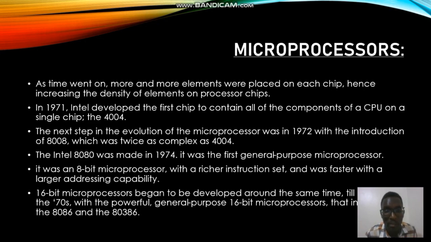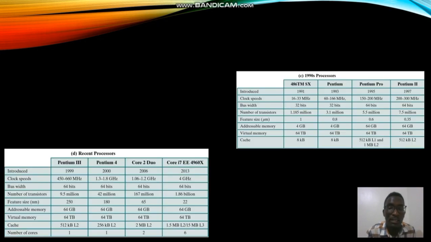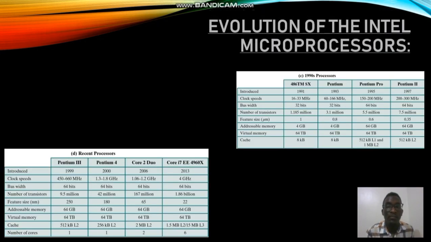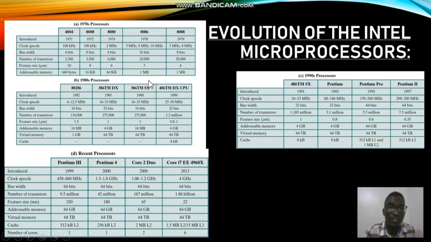Until the 70s, there were powerful general purpose microprocessors that included the 8086 and the 80386. As you can see from here, there were various processors from the 4004 in the 1970s: 4004, 8008, 8080, 8086 and 8088, and you can see they went from 640 bytes all the way to 1 megabyte.